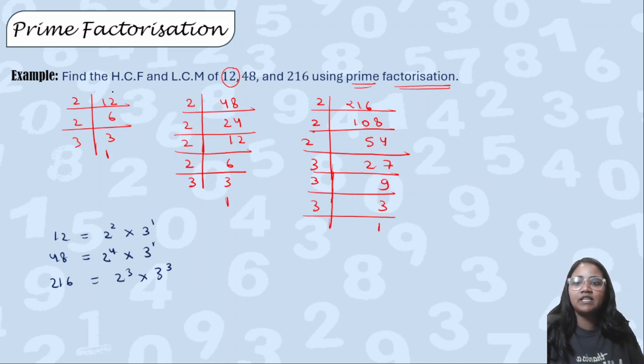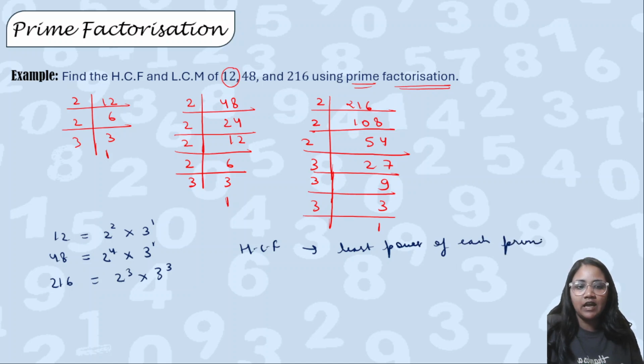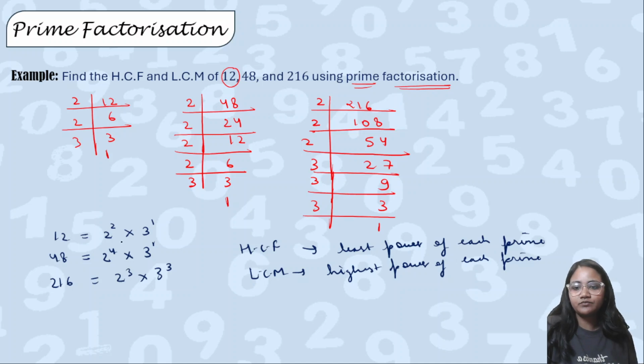So first we need to find the HCF, highest common factor. What do we do? We take the least power of each prime. Okay. And for the LCM, we take the highest power of each prime. Let's see what will come.